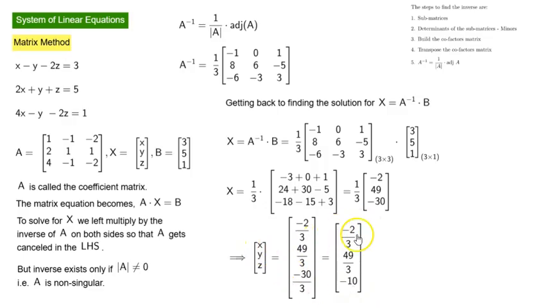So here x is minus 2 by 3, y is 49 by 3, and z is minus 10. So that was solving a system of linear equations, that is with 3 equations and 3 variables, using the matrix method. That's it for now. Bye.